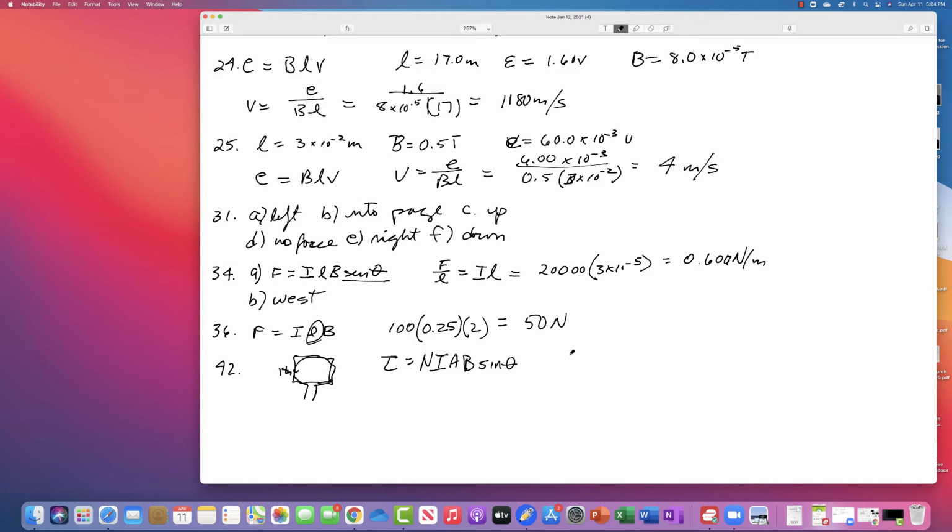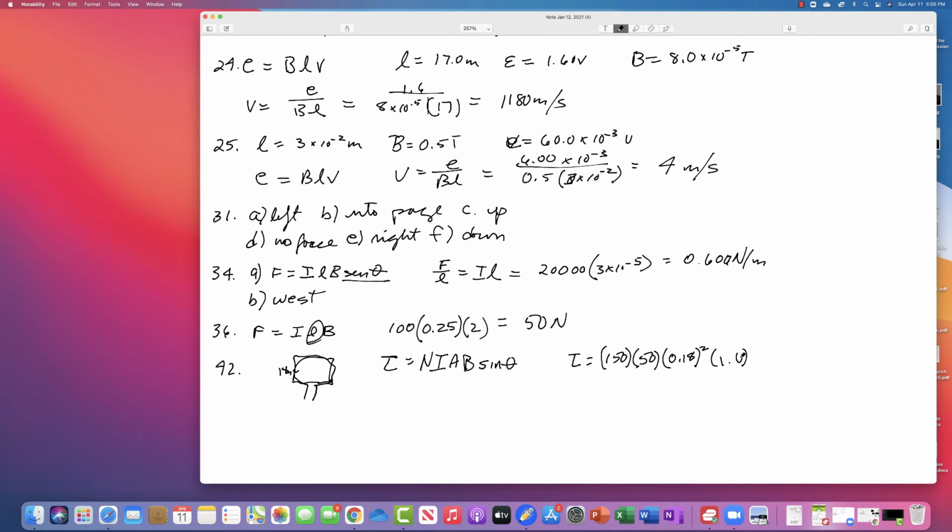The maximum torque is going to equal 150 turns times a 50 amp current times 0.18 squared for the area, times the 1.6 Tesla field.